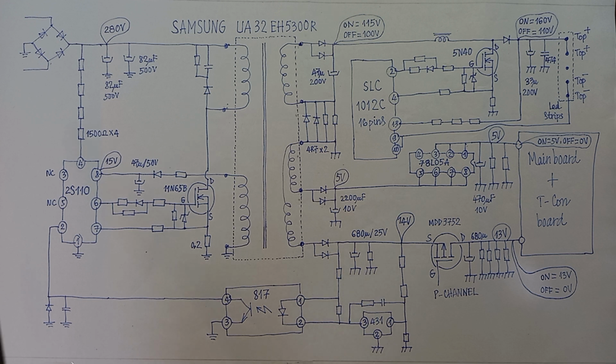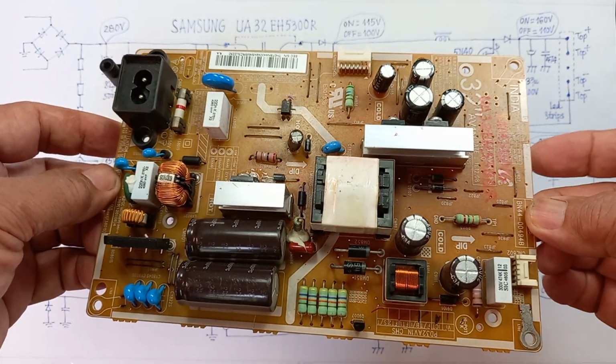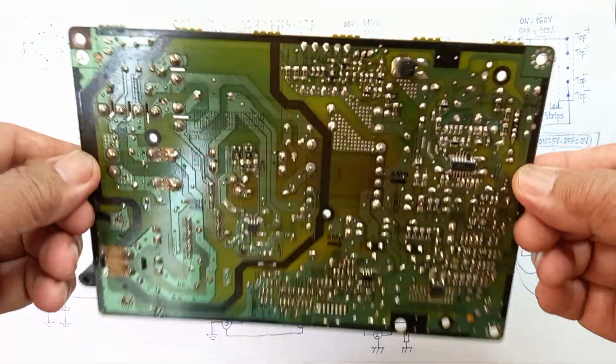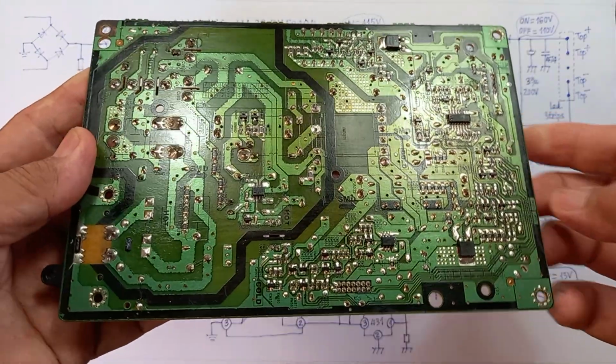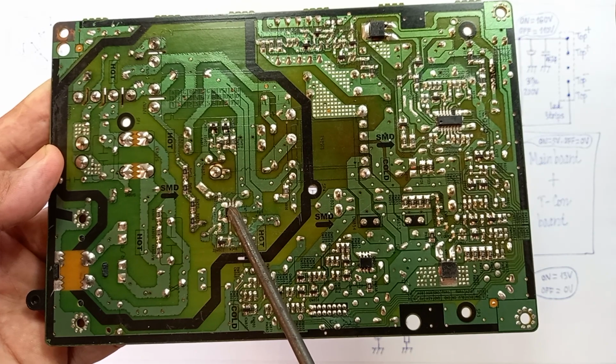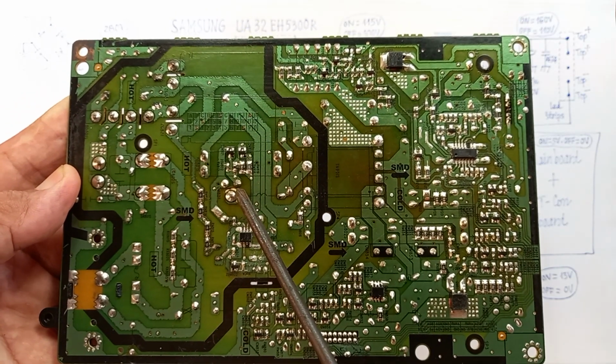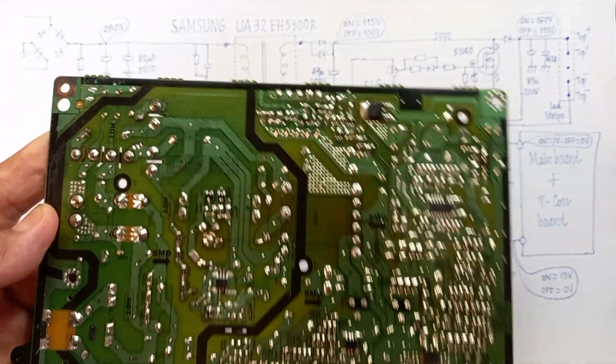Now you can see this IC will create the oscillation to provide for the MOSFET to work.